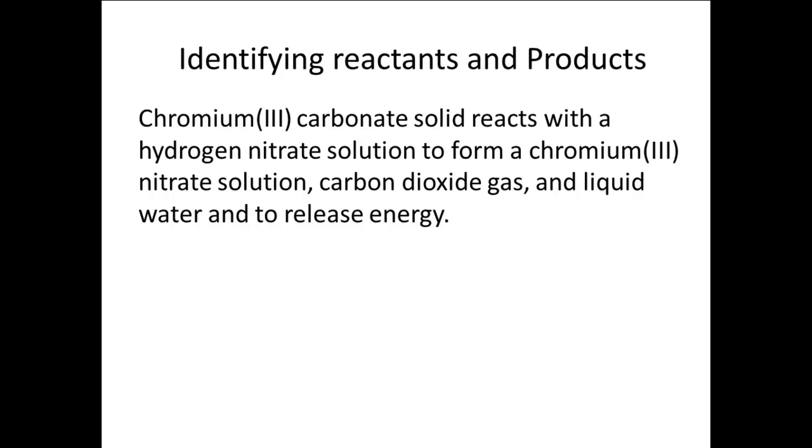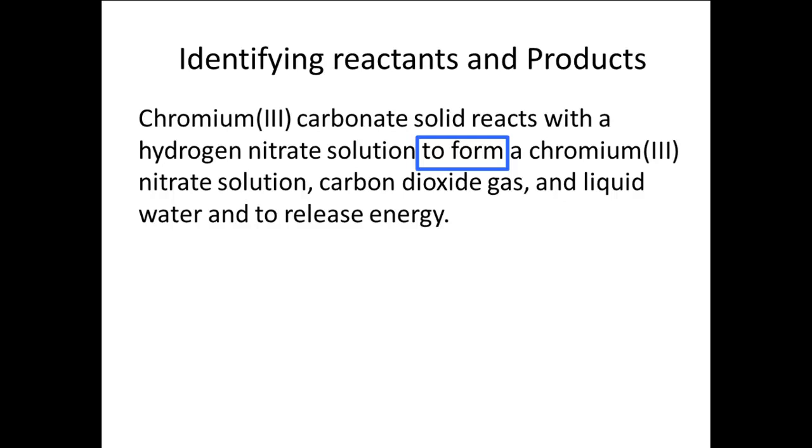To determine this, we need to go back to the sentence. We look for the verbs to identify whether a substance is reacting or is produced. There are 2 verbs in this sentence. The first is reacts with, and the second, to form. The divider here is to form, and this sentence is written in a way that the first things are the reactants.